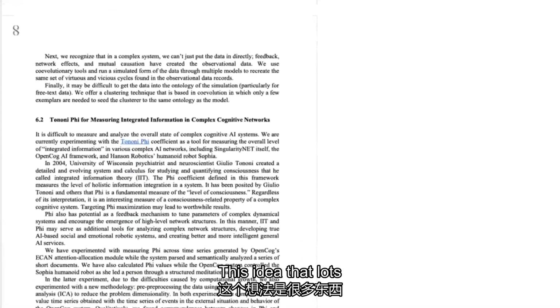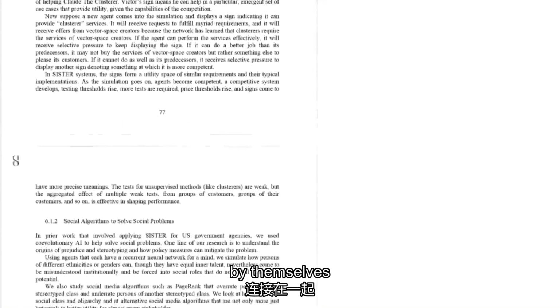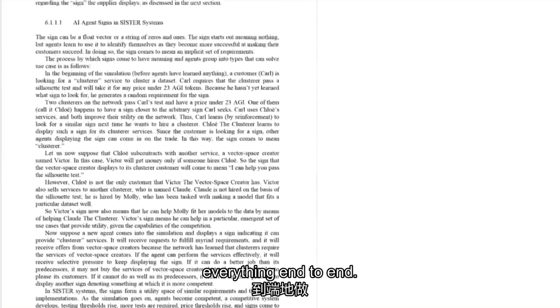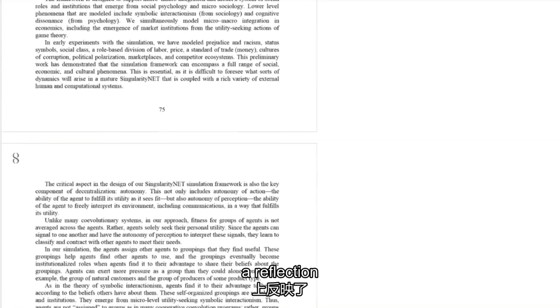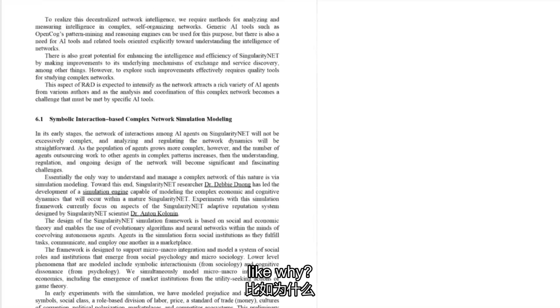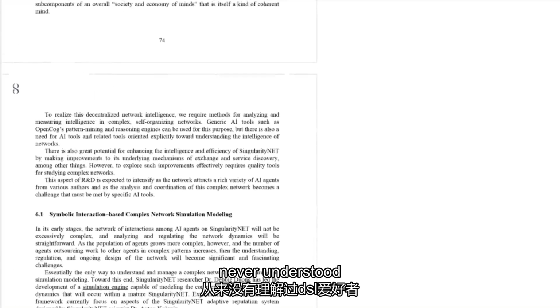This idea that lots of things by themselves, networked together, can make up a bigger AI and so on. That is an exact reflection, and exactly goes counter to the deep learning idea of let's do everything end to end. So SingularityNET here is very much a reflection of what these people think. And yeah, for some reason they love inventing DSLs for new problems. Like, why? I've never understood DSL aficionados, but I guess if you're having fun.